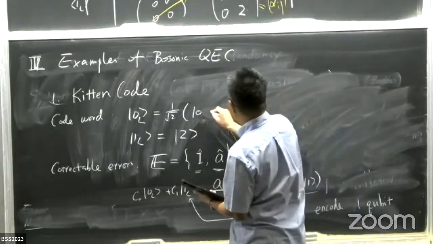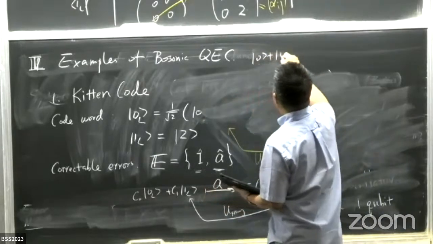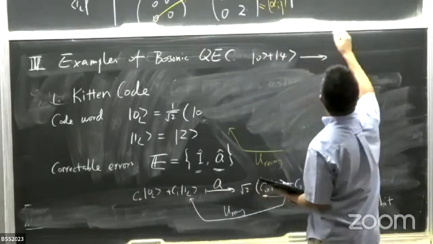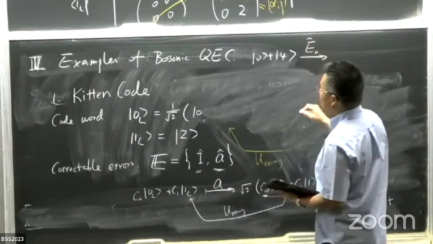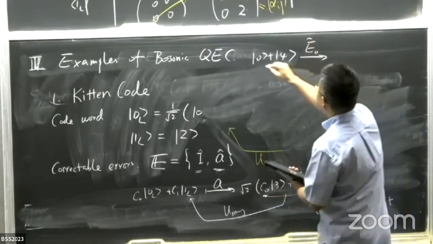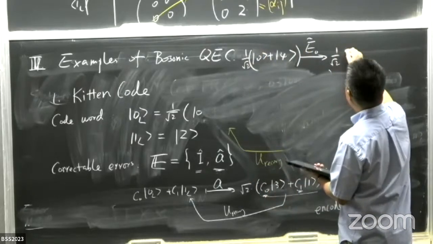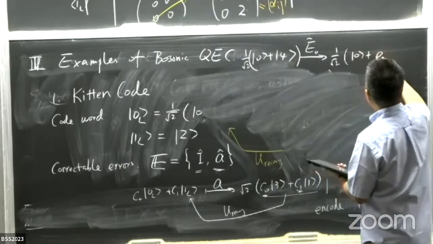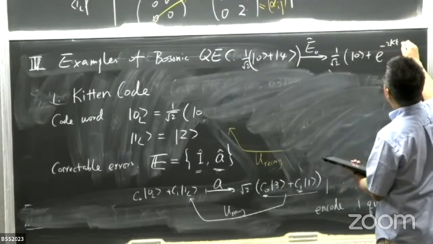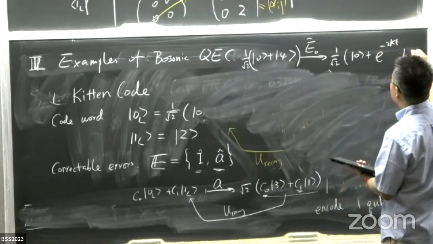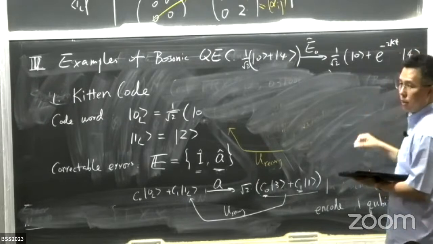So if we look into the 0 plus 4 state undergoing this E0 error, suppose initially it's 1 over root 2, 0 plus 4. Now it becomes 1 over root 2, 0 plus e to the minus 2 kappa T times 4.